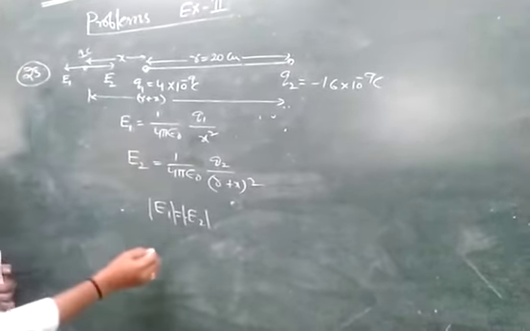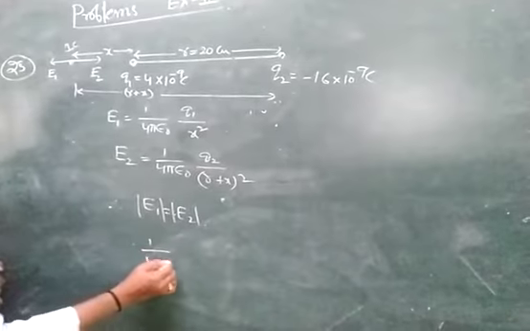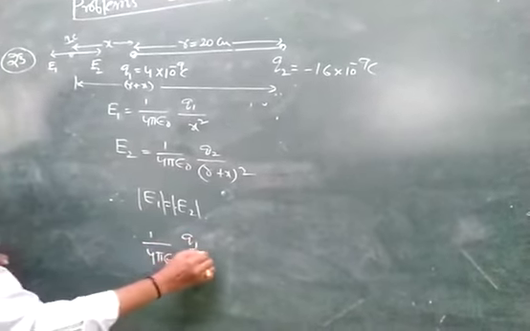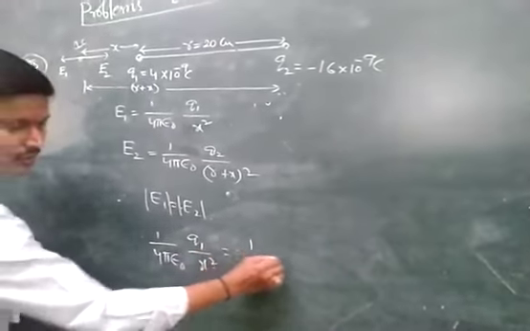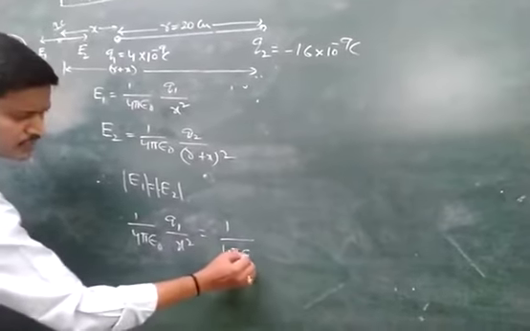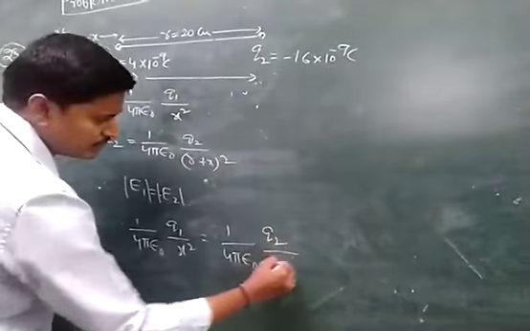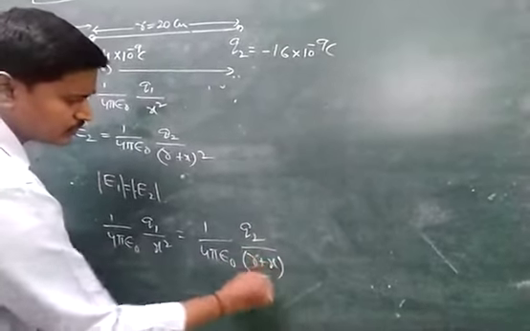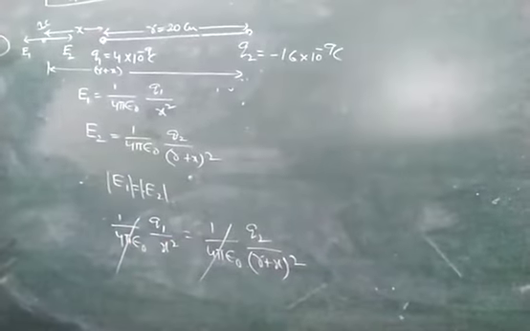Then equate them. 1 by 4 pi epsilon naught into Q1 divided by x square is equal to 1 by 4 pi epsilon naught Q2 divided by (R plus x) whole square. Get cancelled.